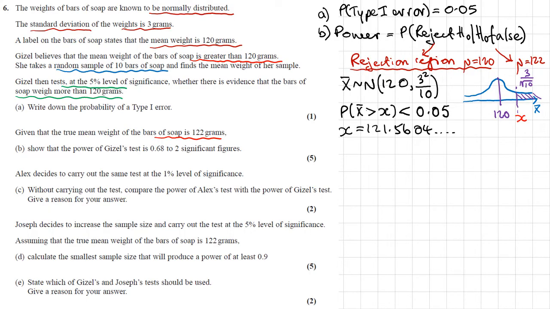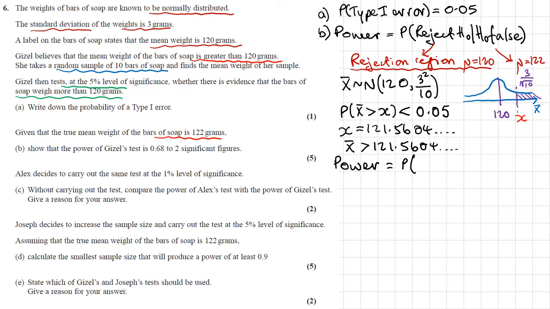So the rejection region is when the sample mean is greater than 121.5604.